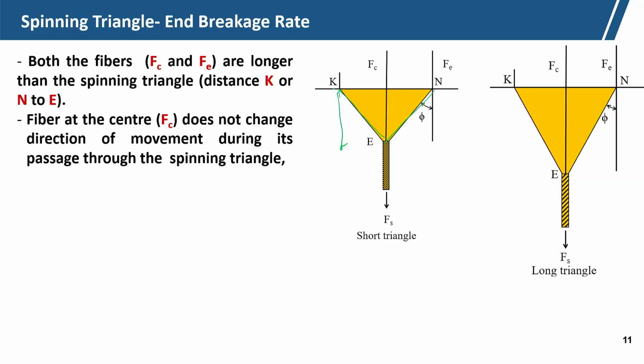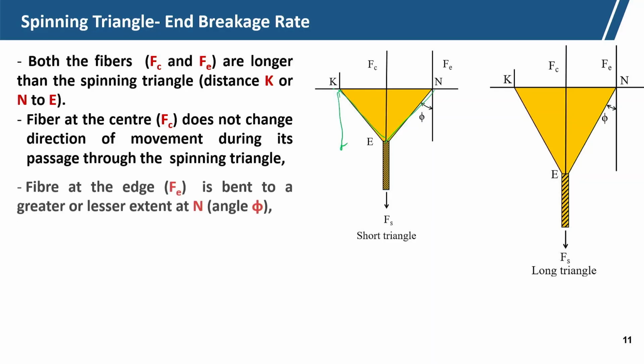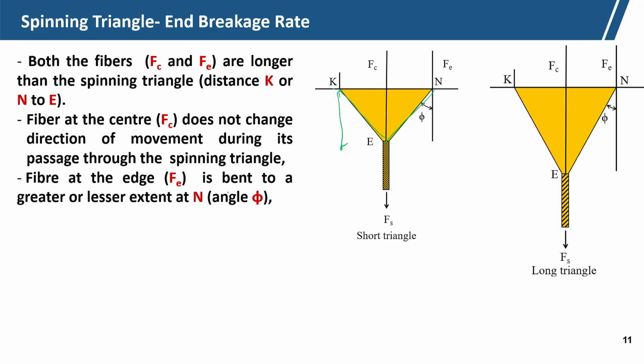But fiber FE changes; it bends to a greater or lesser angle phi at N. When it was going straight, the distance travelled was smaller, but here the length will be NE, which is more than the straight fiber.